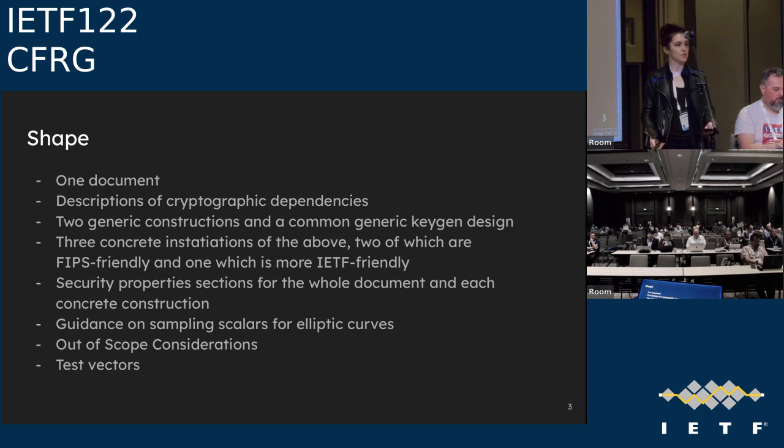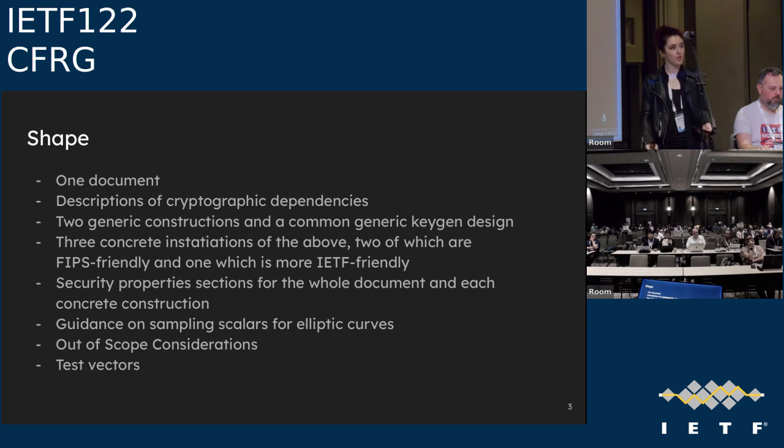It includes descriptions of the cryptographic dependencies such as a KDF, an XOF, and the different traditional and post-quantum components. It includes two generic constructions of how to create a secure hybrid KEM from traditional and post-quantum components, and a common generic key generation and derivation design that you can use for either of those constructions.